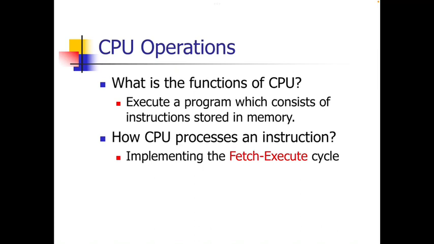In general, the CPU executes or runs a program which consists of instructions stored in memory. By looking at this statement, you know that the CPU will run programs, which right now we call apps, that are stored in memory.